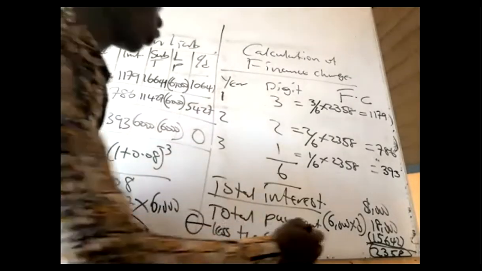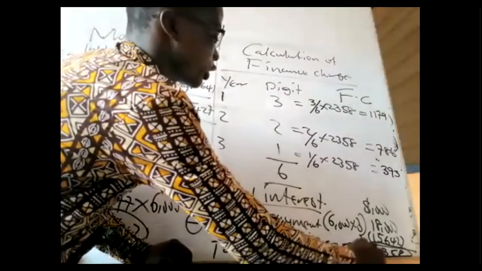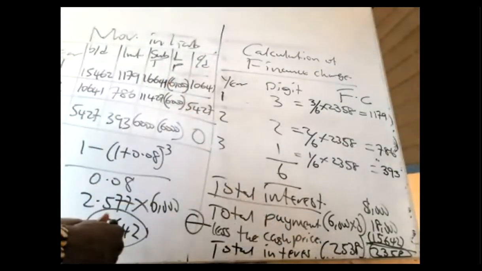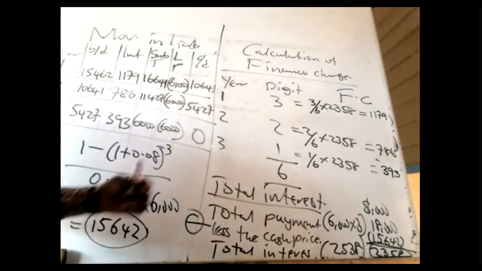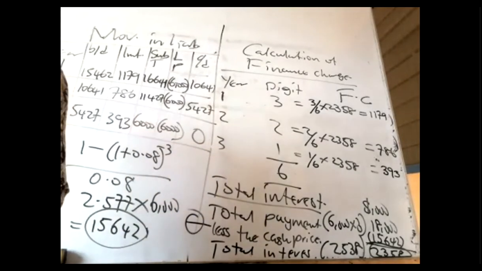So it should be 2538. So if you use the 2538 to give you the exact answer, let's kindly use that one and see. Agreed. I hope you agree to it.